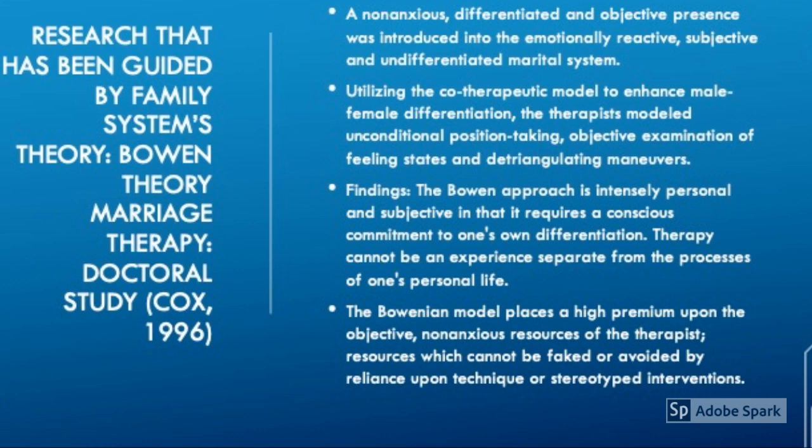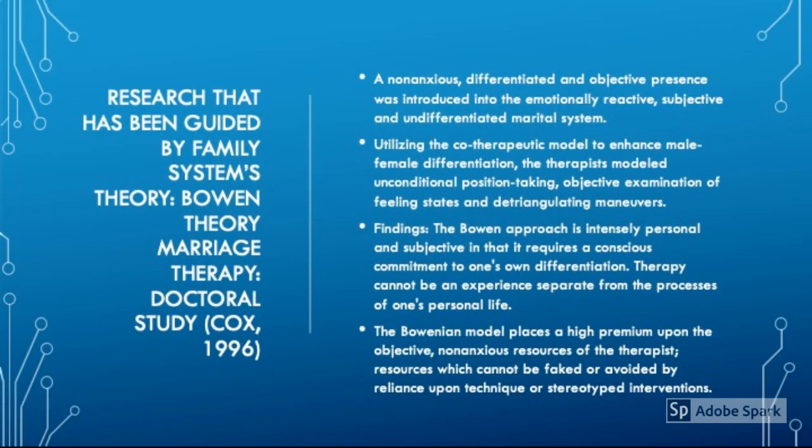Utilizing the co-therapeutic model to enhance male-female differentiation, the therapists modeled unconditional position taking, objective examination of feeling states, and detriangulating maneuvers. The findings show that the Bowen approach is intensely personal and subjective in that it requires a conscious commitment to one's own differentiation. Therapy cannot be experienced separate from the processes of one's personal life.